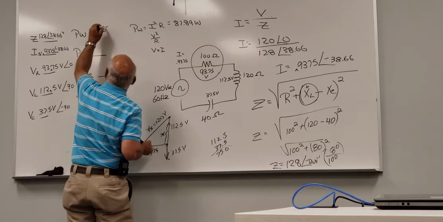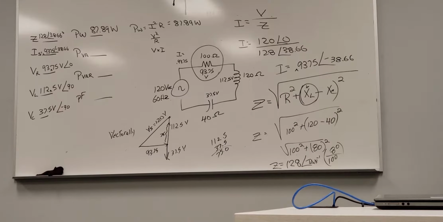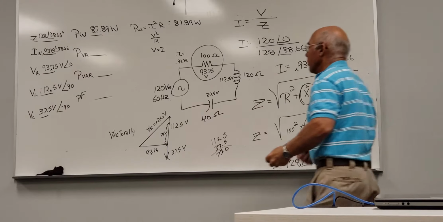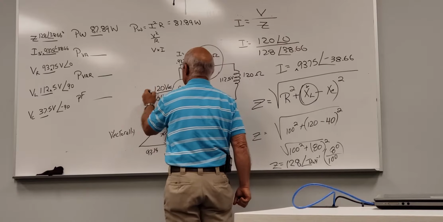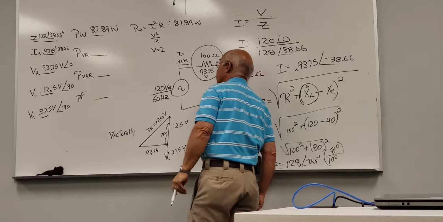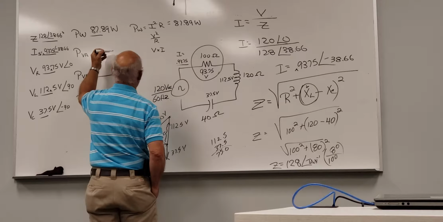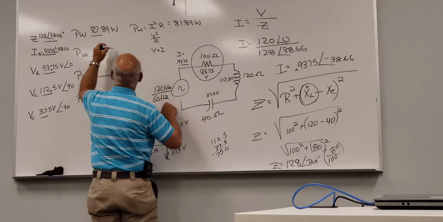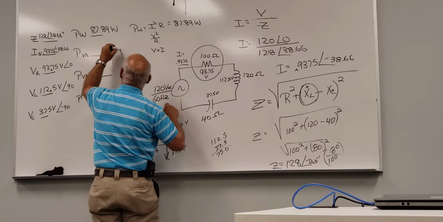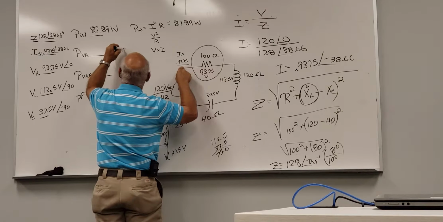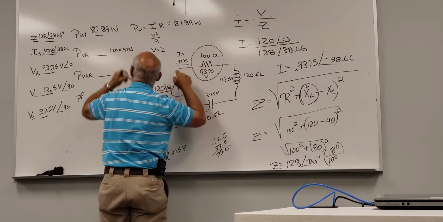Now, the volt amperes. Volt amperes we get from the source voltage and the source current. The source voltage is 120. Source current is the 0.9375. So this would simply be source voltage, 120, times the source current, 0.9375.